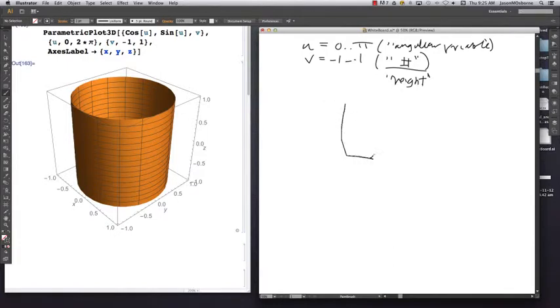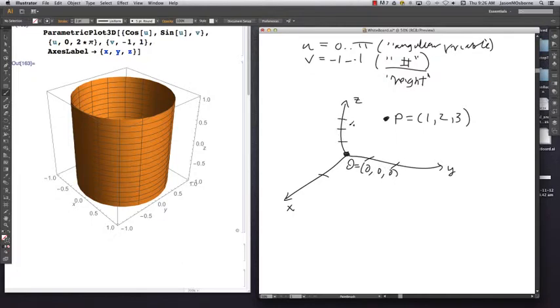But we're so used to thinking about x, y, z space that you pick your favorite point P, and maybe we already know O for origin, 0, 0, 0, and let's say you pick a point P to be 1, 2, 3. We're so used to thinking in rectangular coordinates that we think of it as 1 in the x direction, 2 in the y direction, 3 up.